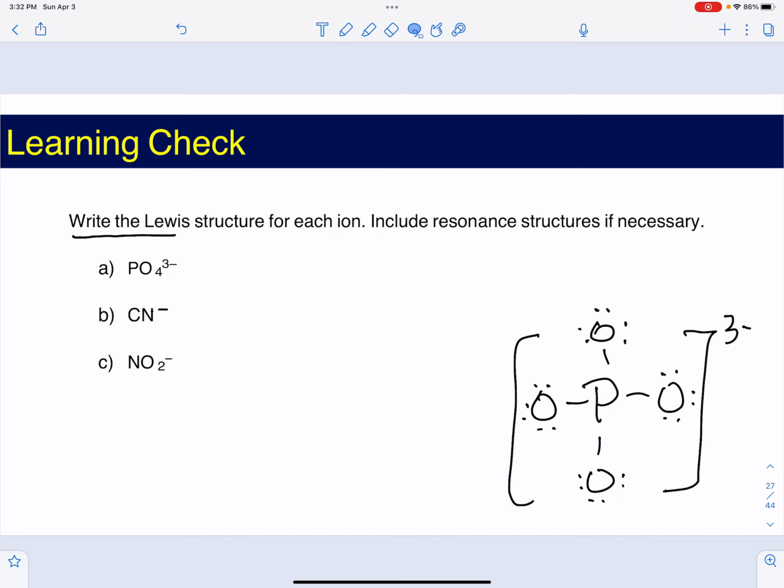A resonance is nothing more than a different way of doing this with the same number of electrons. And we're going to show that it's a resonance by using a double-headed arrow. So what we're going to do in this case is start with what we already have.